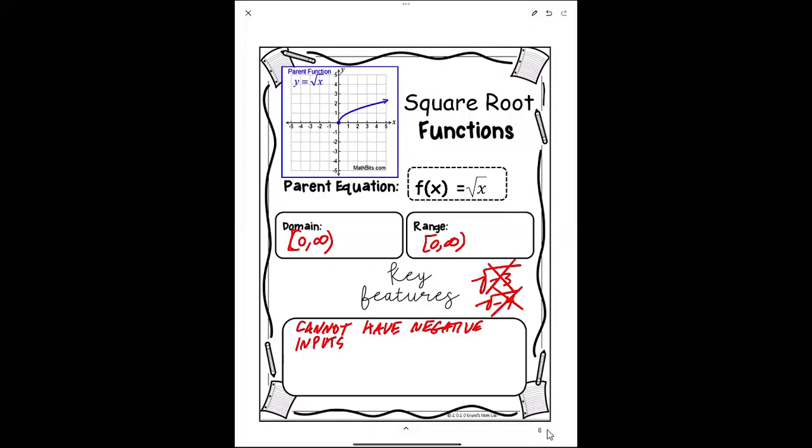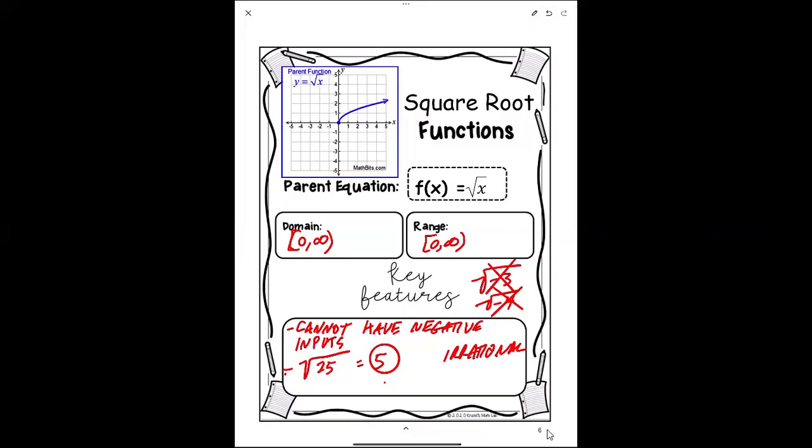The other thing that you should know about square roots is if you have a perfect square, like 25, when you take the square root of 25, you will get an integer. If it's not a perfect square, you would get an irrational number. We will talk more about irrational numbers later, but just suffice it to say, a perfect square, when you take the square root, you get an integer.